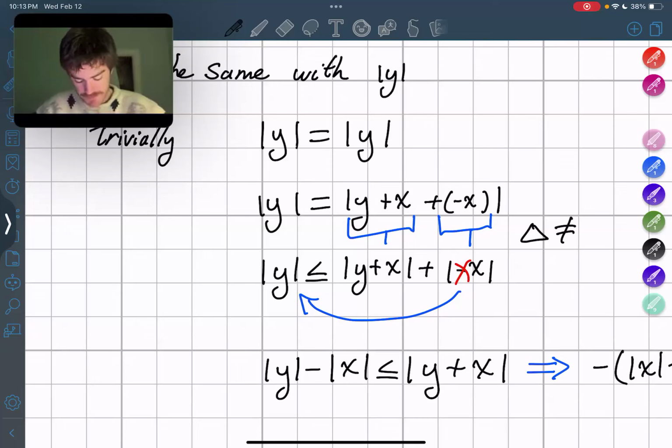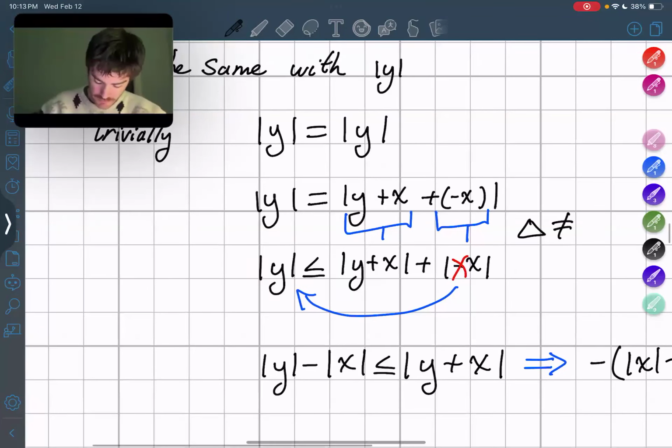Now, this isn't exactly what I want. I would prefer if everything was in the same order, where you get x first and then y. So with this one, we can just swap them.